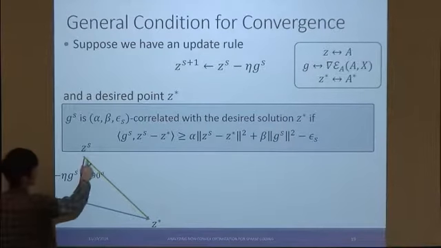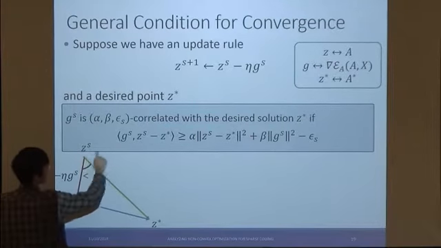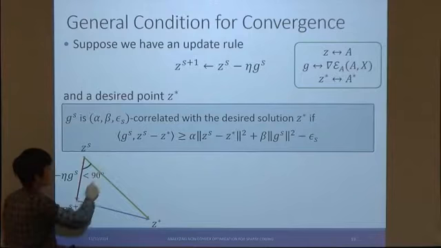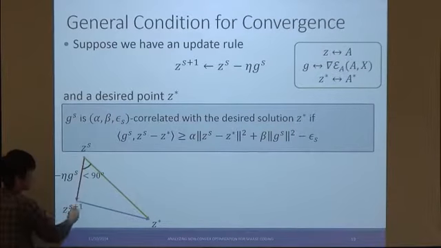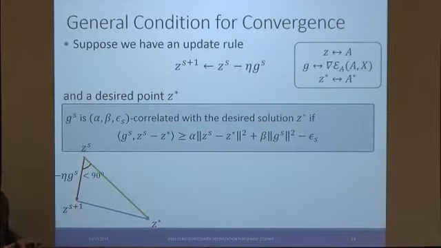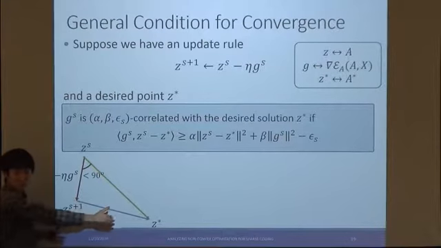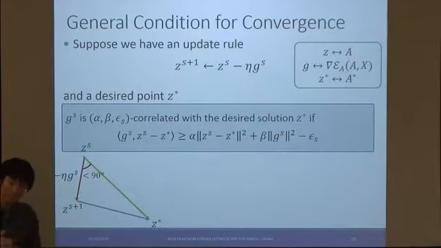It's possible that this is the true gradient and this is my update rule, and both are correlated with the desired direction but not really with each other. That's theoretically possible, though we don't have an example. I'll have a picture in several slides. Basically, we are saying the update is not too far from the true gradient.